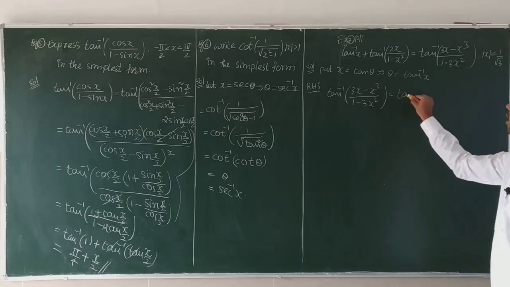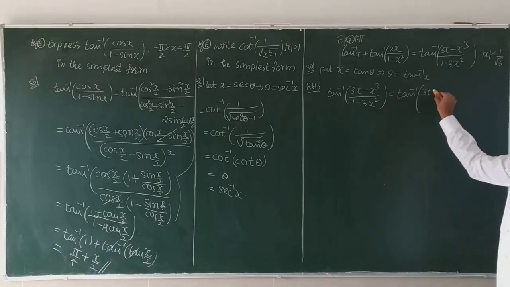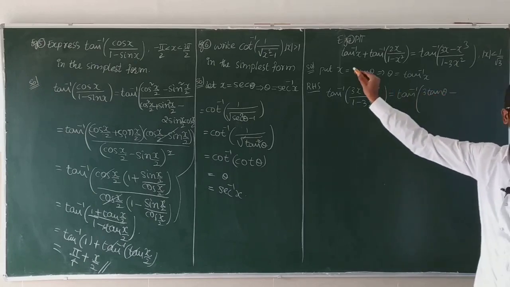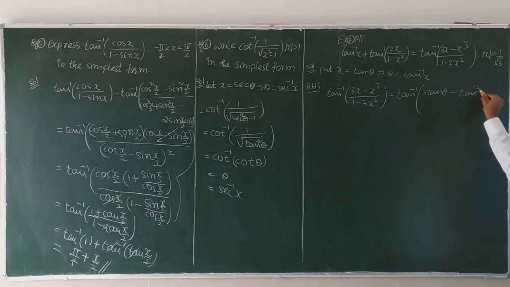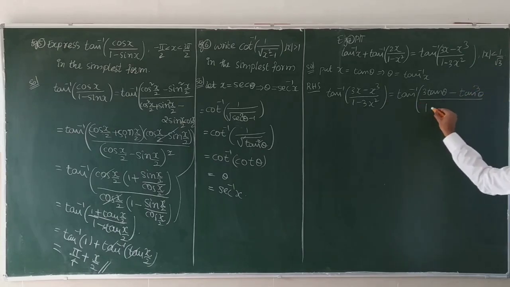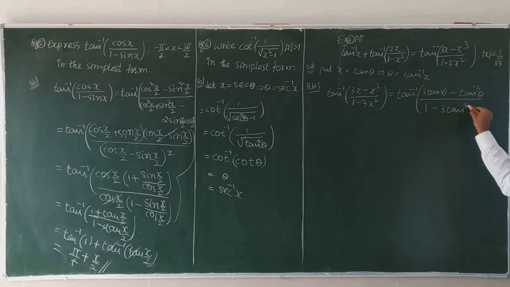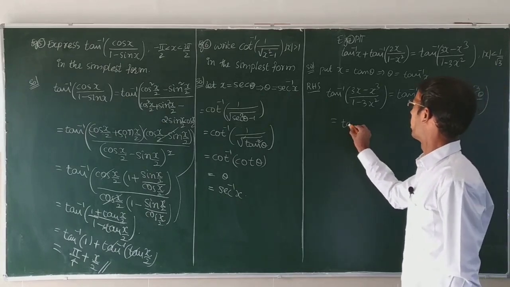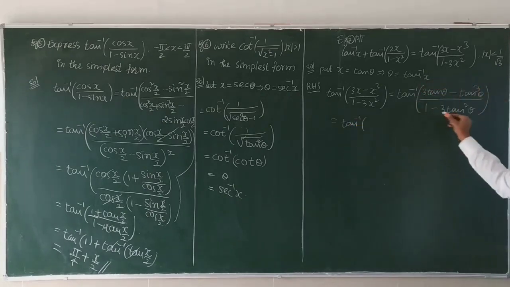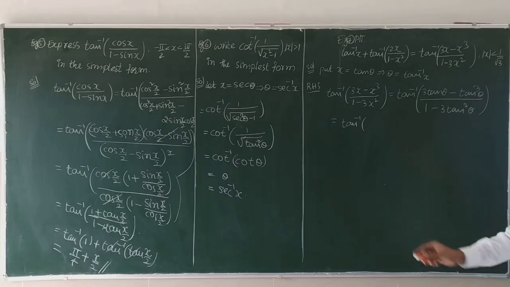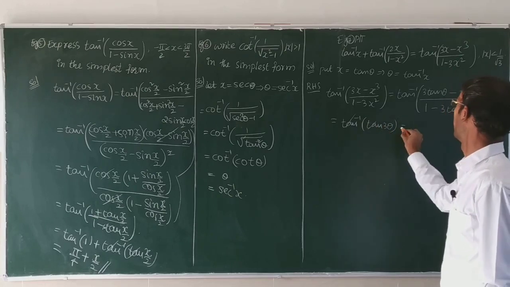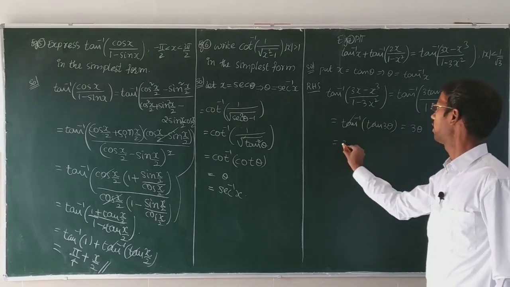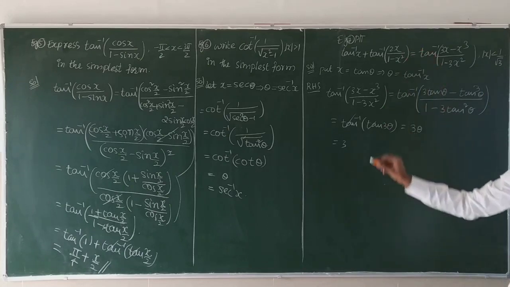That is equal to tan inverse of 3 tan theta minus tan cube theta by 1 minus 3 tan square theta. This is the tan 3 theta formula, so both cancel, 3 theta. Theta is tan inverse x.